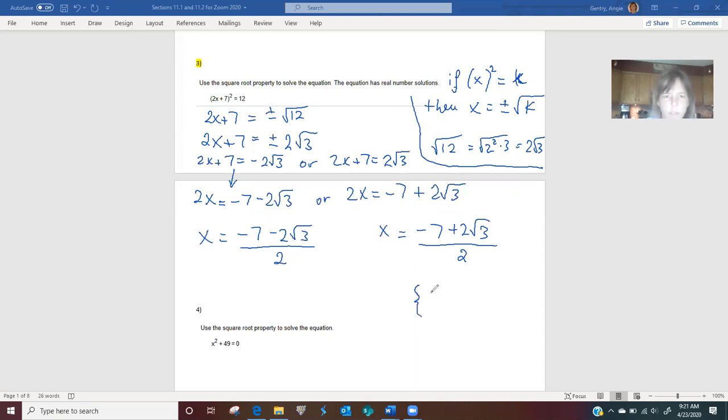I'm going to put it in a solution set. -7 plus or minus 2 square root of 3 all over 2. So that's those two answers all in one, and you have that option in the toolbox for plus minus sign. The one other thing that the computer will take is if you split up, but let's just go with this.